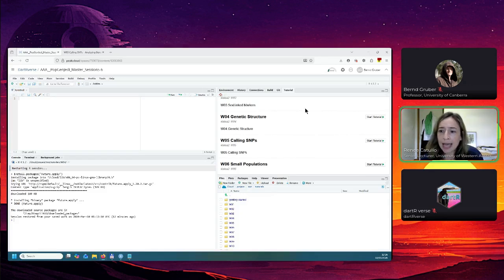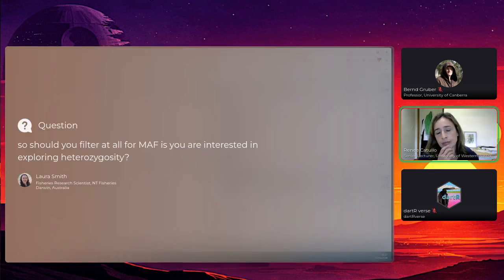So should you filter at all for MAF if you are interested in exploring heterozygosity? That's a complicated answer that intersects with read depth. If you have really good, solid sequencing, with really high average read depth across lots of loci, and you're confident in your rare alleles, I don't see a reason to remove them when measuring diversity. They are real, they exist.